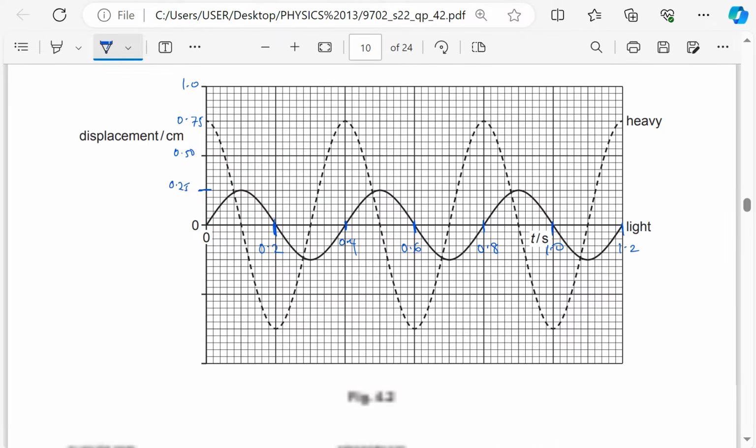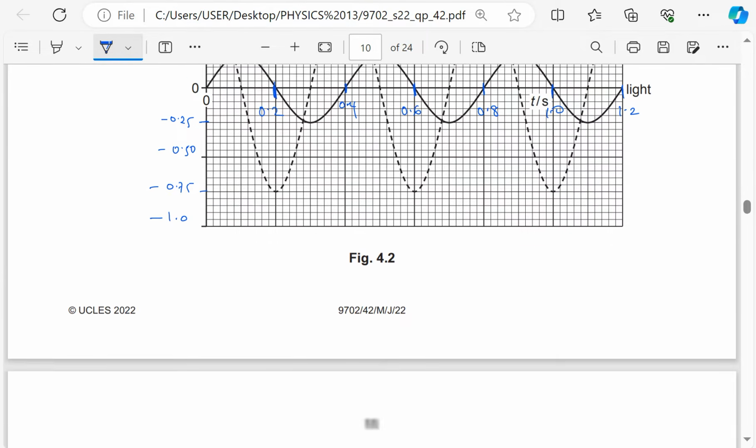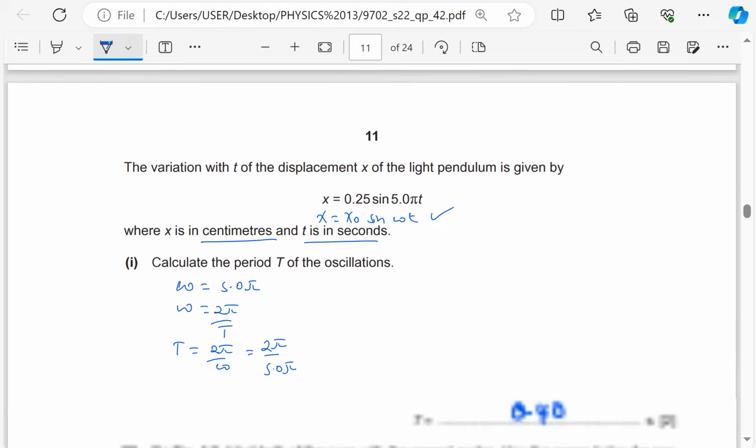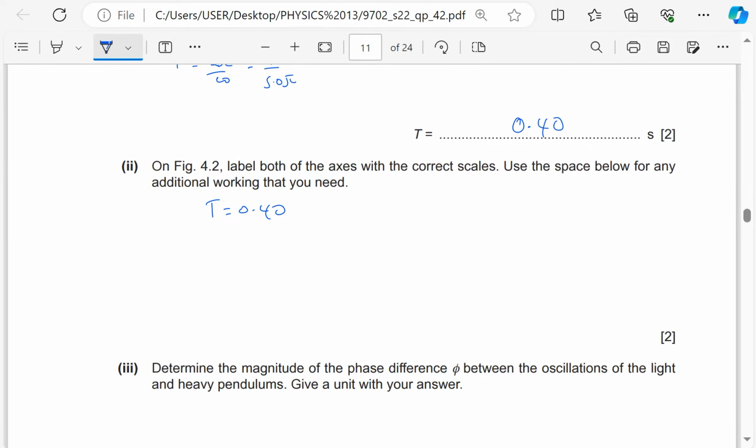At the bottom, after 5 small squares, this is negative 0.25, negative 0.50, negative 0.75, and negative 1.0. Okay, so that is the scale as required. Remember, I've used the amplitude to tell the scale on the vertical.